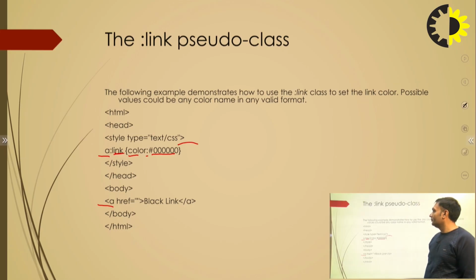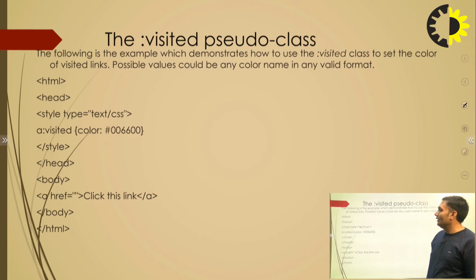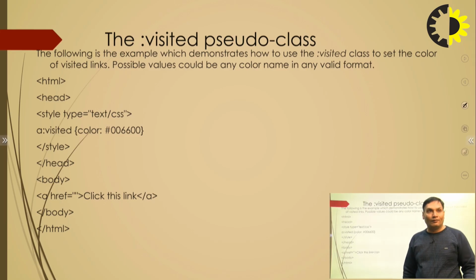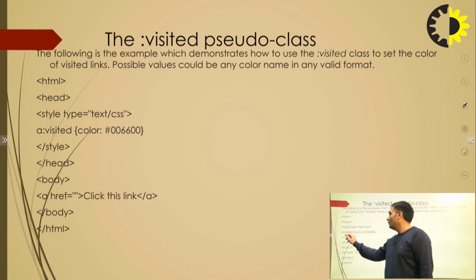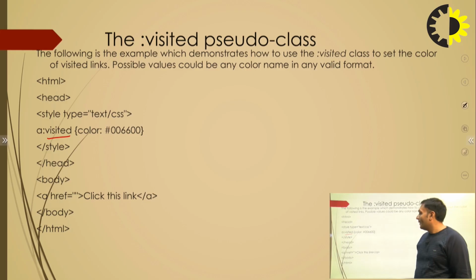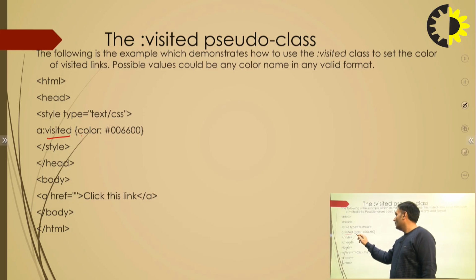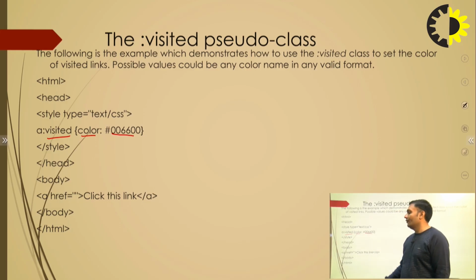Now the visited pseudo-class: if we want to change the color of a visited link, we can use the visited pseudo-class, with this property and this value.